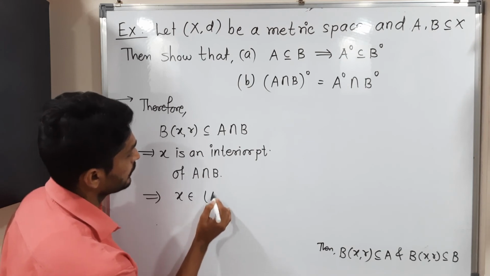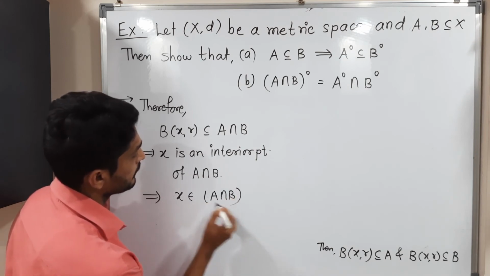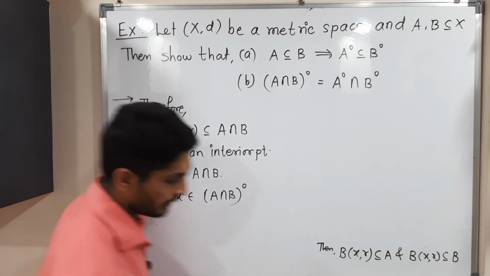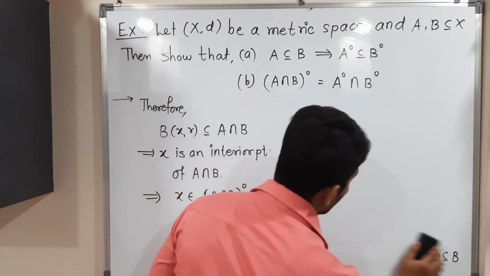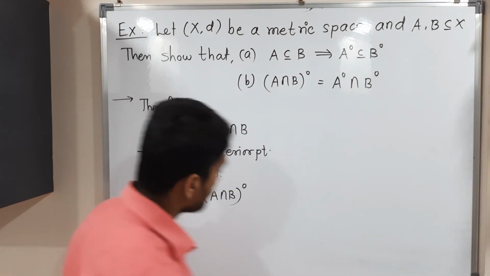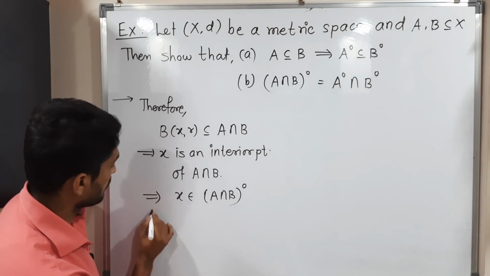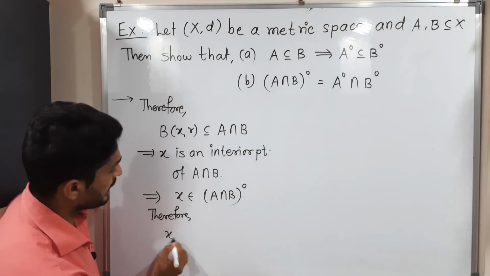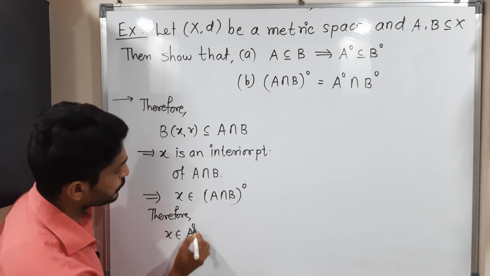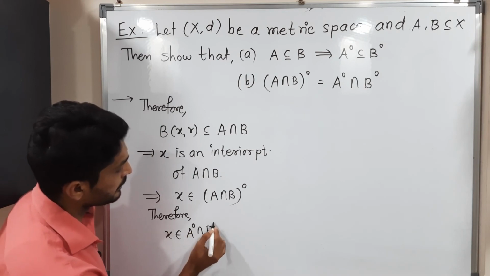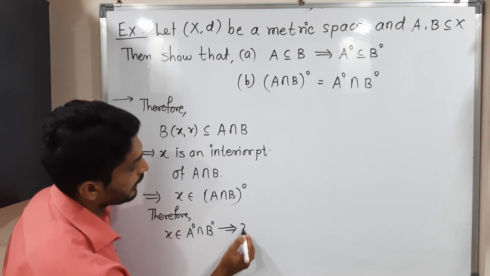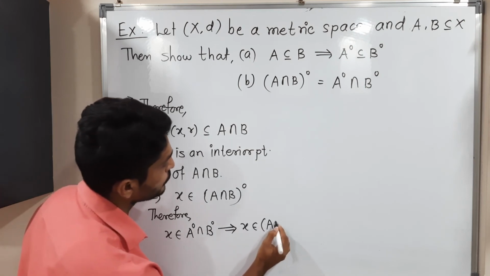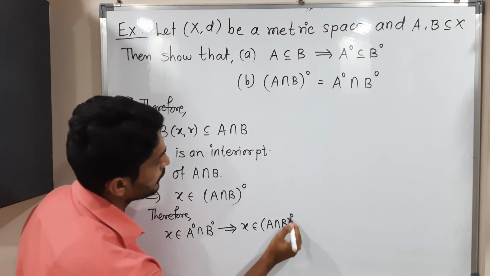X belongs to the interior of A intersection B. Okay. So let me remove this part. So basically, therefore, we had started with X belongs to A interior intersection B interior, and finally we proved X belongs to the interior of A intersection B.